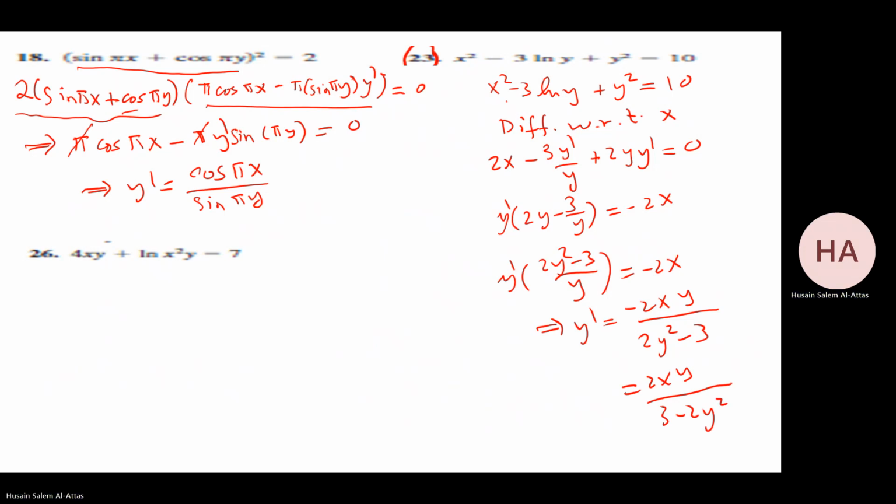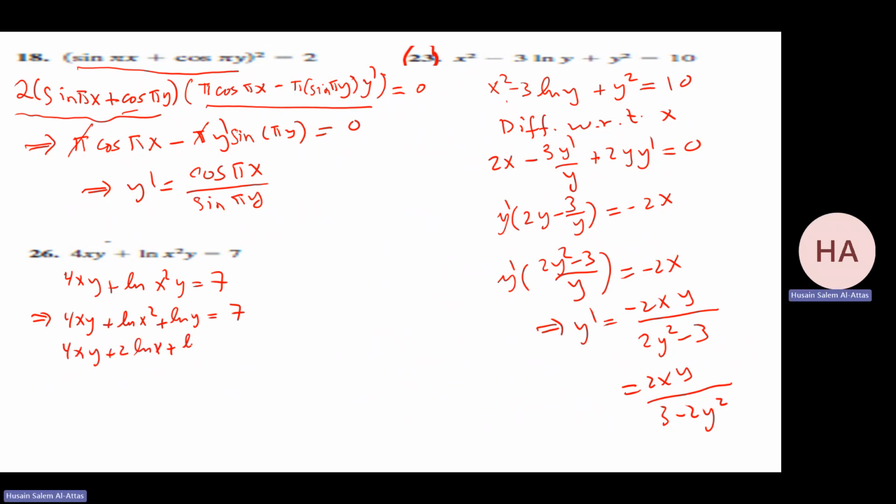Okay. This one, 26. It's 4xy plus ln x squared y equals 7, which I can simplify. 4xy plus ln x squared plus ln y equals 7, which I can simplify more. 2 ln x plus ln y equals 7.